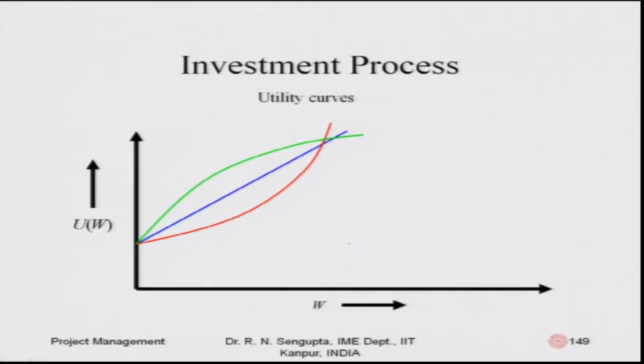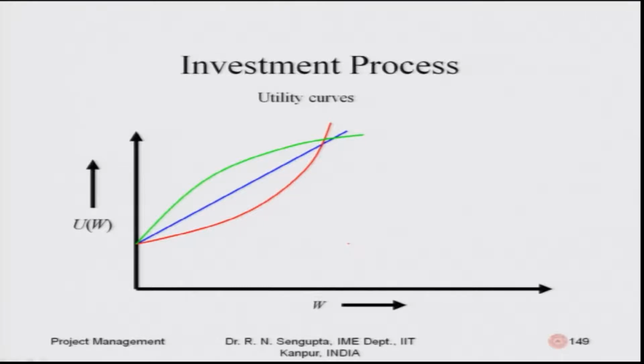There is a green curve which is slowly decreasing in its rate of change. I am mentioning the rate of change because this will be useful in the later slides. It is increasing, but at a decreasing rate.